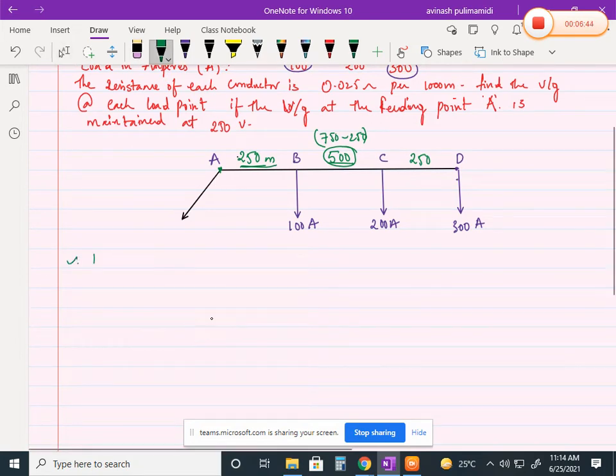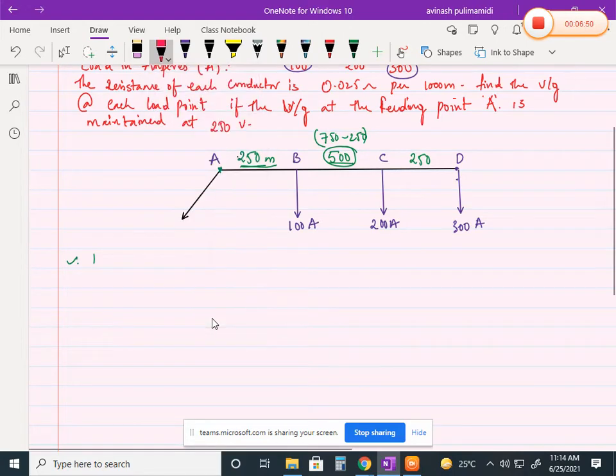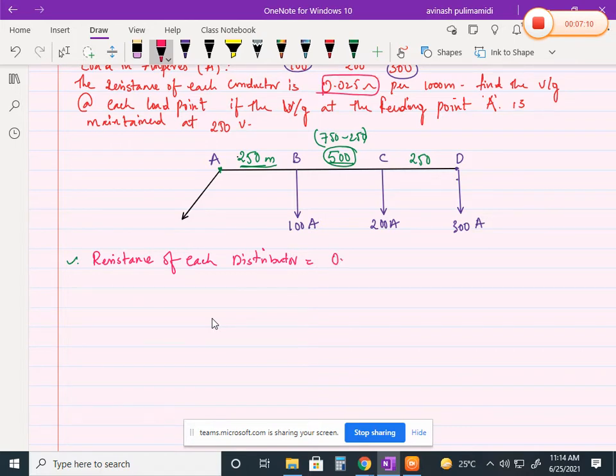First one, let me change the ink. Resistance of each distributor is equal to how much? What is the resistance given there? 0.025 ohms per 1000 meter.